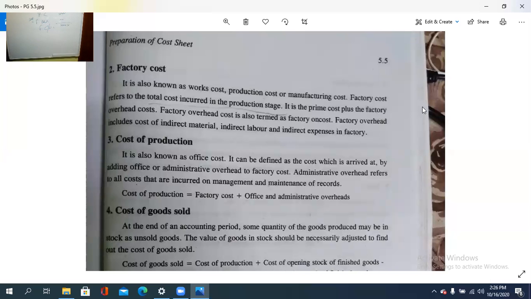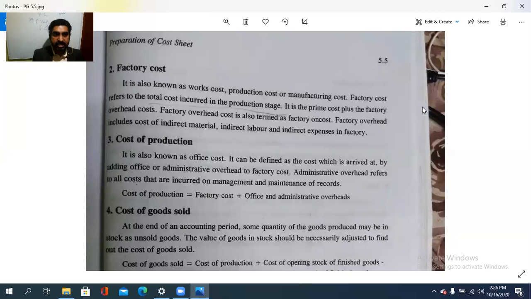Clear? Factory overhead cost is also termed as factory own cost. So it has many names: it is known as work cost, factory own cost, or factory cost.